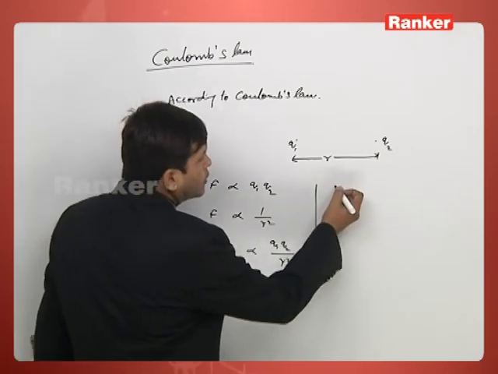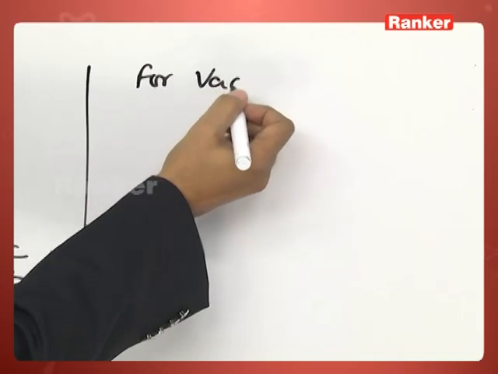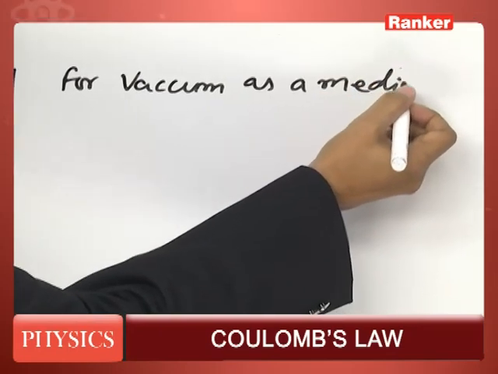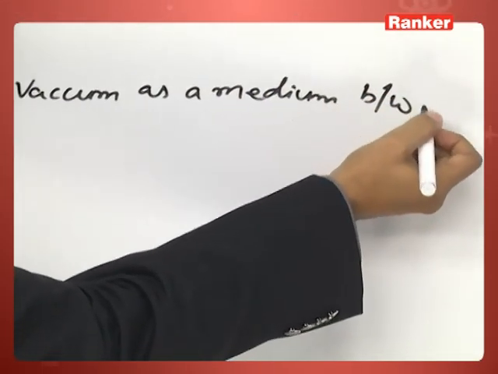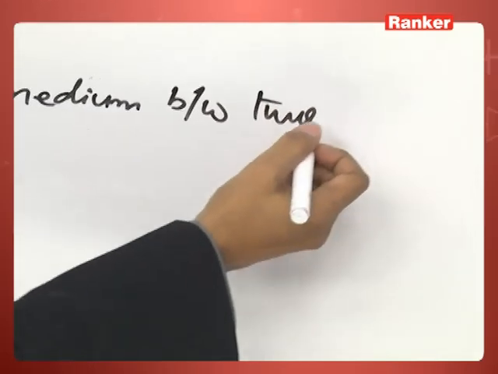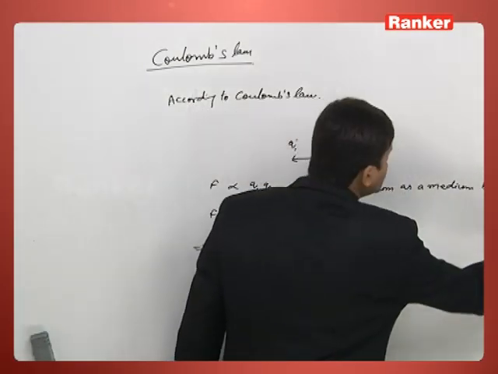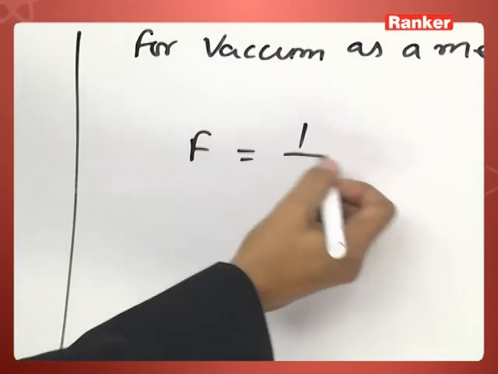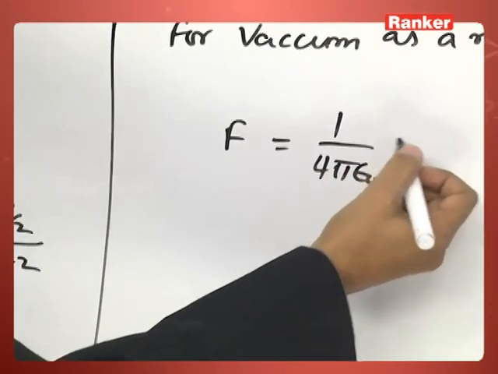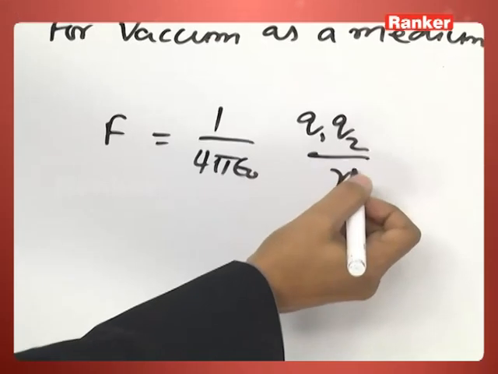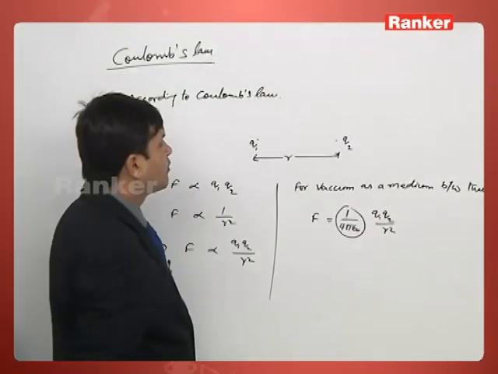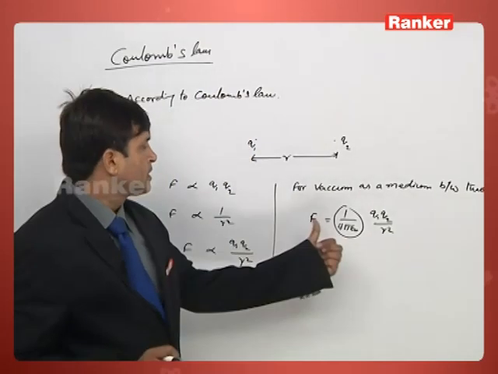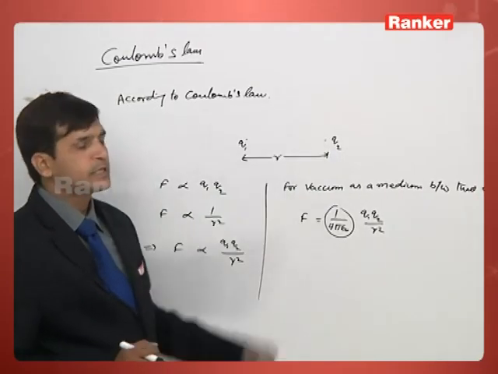So for vacuum as a medium between two charges, F is written as 1 by 4 pi epsilon naught Q1 Q2 by R square, and this term 1 by 4 pi epsilon naught is a constant that depends on the medium, which means the space between the two charges.